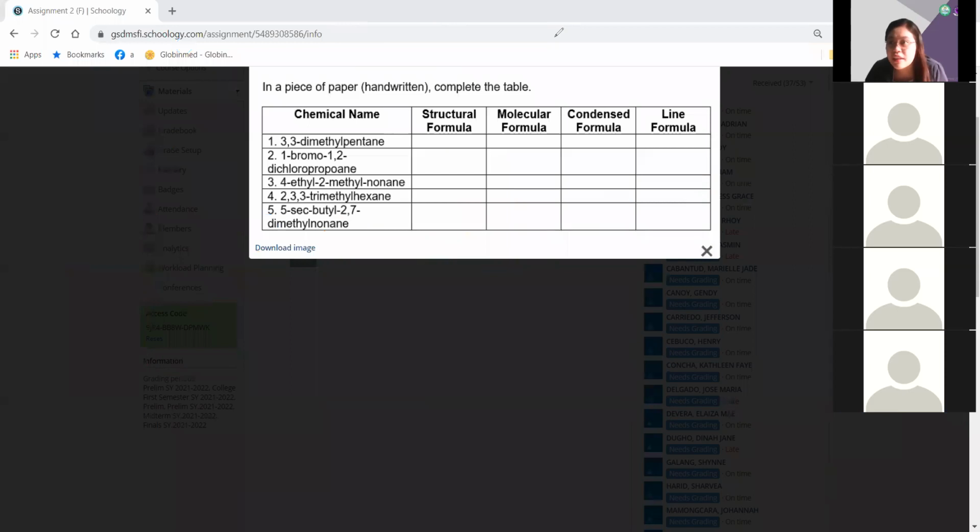Sige, yes, Jamal. Pag sec-butyl or tert-butyl po, ma'am, sa structural o condensed formula, ma'am. Parehong kay isopropyl. This is the isopropyl, right?